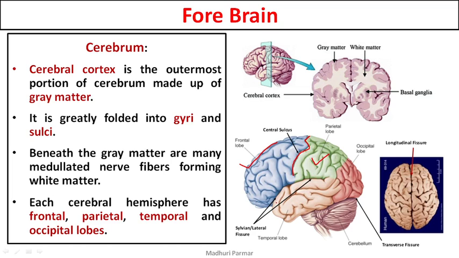Then you have a lateral fissure. Lateral means from the side, you can see it above your ear. This lateral fissure is also known as the Sylvian fissure. It divides the temporal lobe.